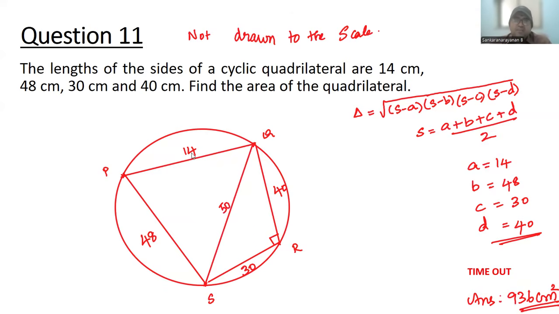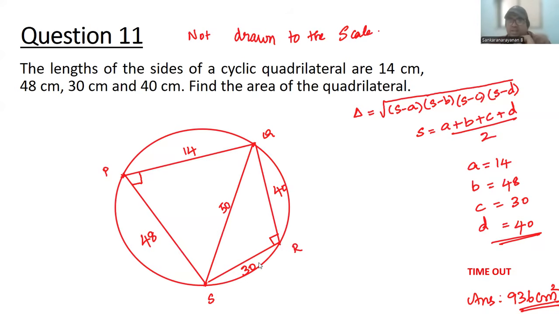In the same way, can't you see that here, this also will be 90 degrees. Like that, you can say 48 square plus 14 square, when you do, you can say that will be coming here as 50 square. Look at this. 48 square is equal to 2304 plus 14 square, that is 196, when you do, you can say that comes here as 50 square.